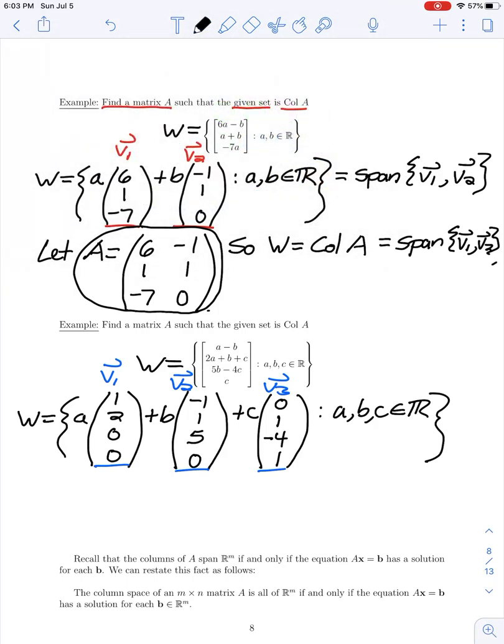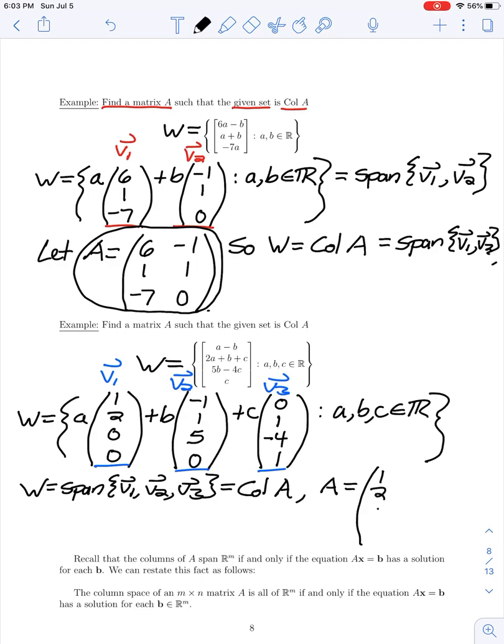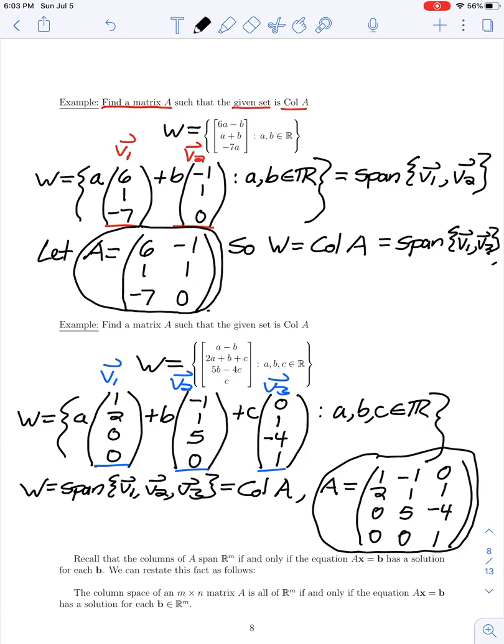So we see here that W is the span of that set of vectors, which could be considered as the column space of a matrix A, where A is the matrix which has these vectors as its columns: 1, 2, 0, 0, negative 1, 1, 5, 0, and 0, 1, negative 4, 1. All right.